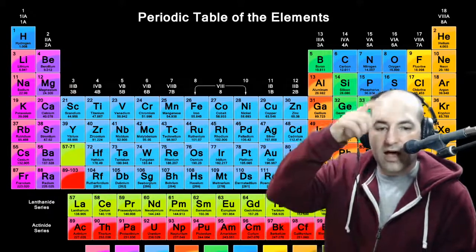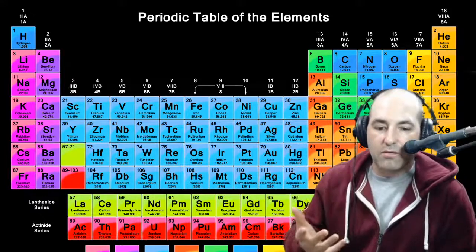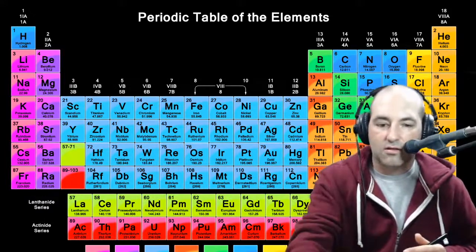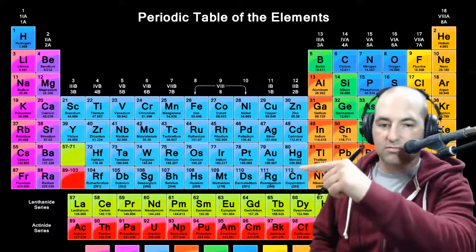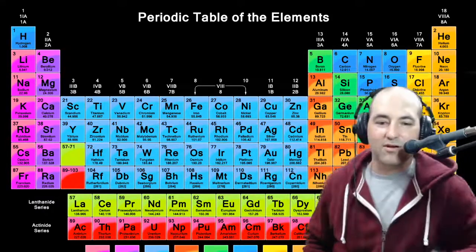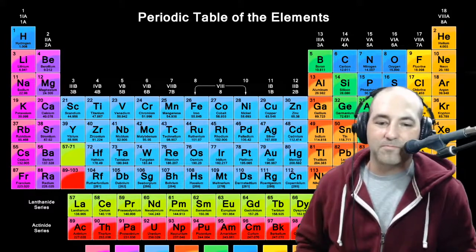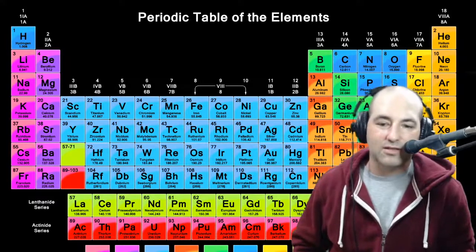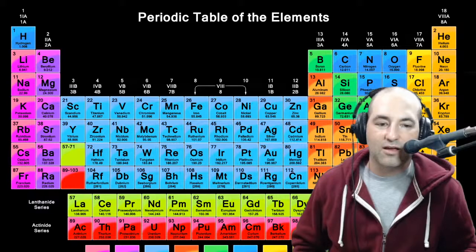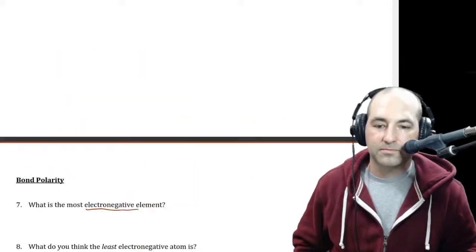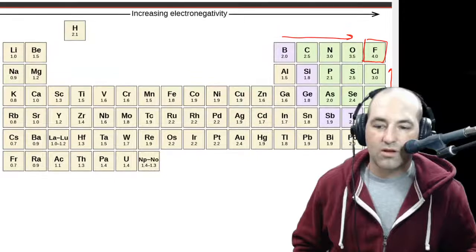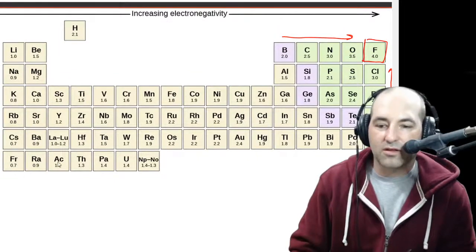So if fluorine has the highest, then the lowest you can probably guess is the other side. So down that way. I can't get my finger all the way over there, but over in the bottom of the alkali metals and things like that. And if we check that on our actual table, you find that that is indeed true, that the least electronegative elements are the ones way down here.